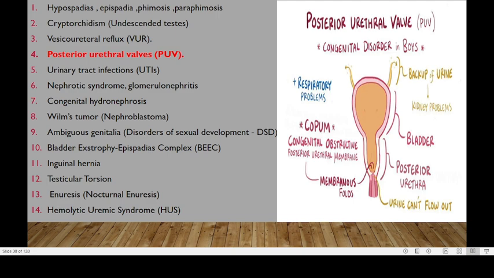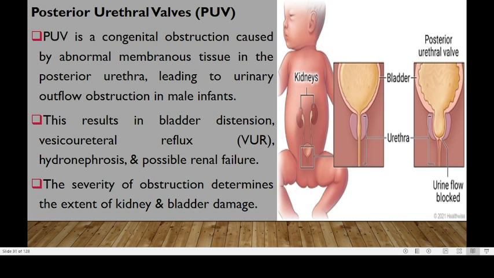The other condition is the posterior urethral valve. This is a congenital disorder in boys that leads to backflow of urine, resulting in kidney problems.